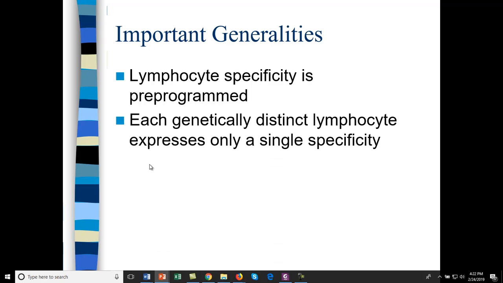Now, each genetically distinct lymphocyte is the product of gene shuffling within B cells and T cells. So each will only produce one type of lymphocyte, and it only expresses a single specificity. So you only get a single type of antibody, or you only get a single type of T cell receptor.